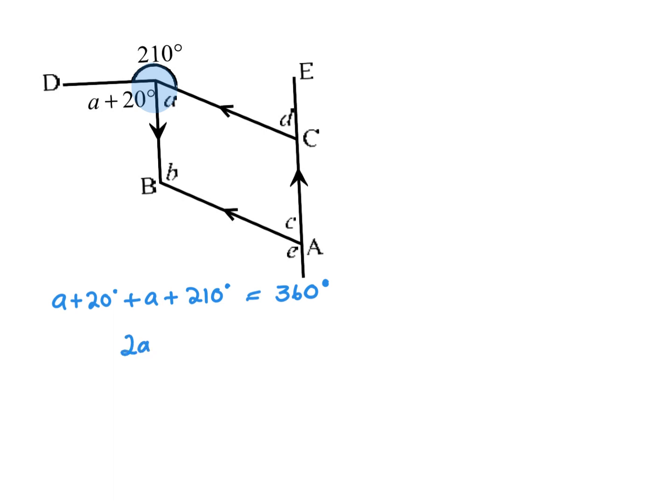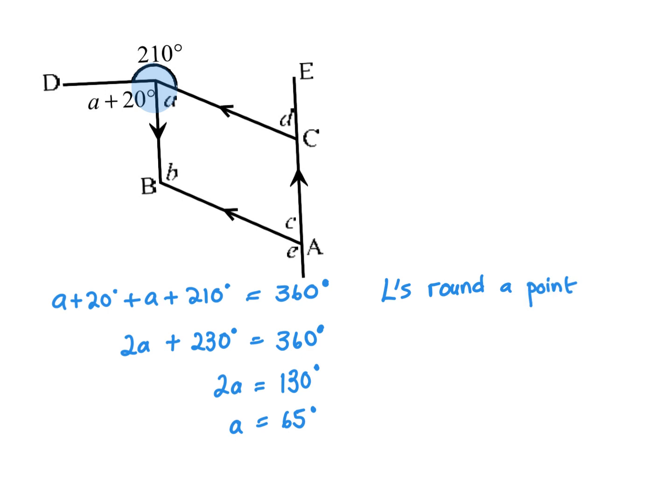So I have 2 A's and 230 degrees must equal 360. So that means that the 2 A's must equal 130 degrees, which means that A is 65 degrees. Always remember the reason. So this was angles round a point.